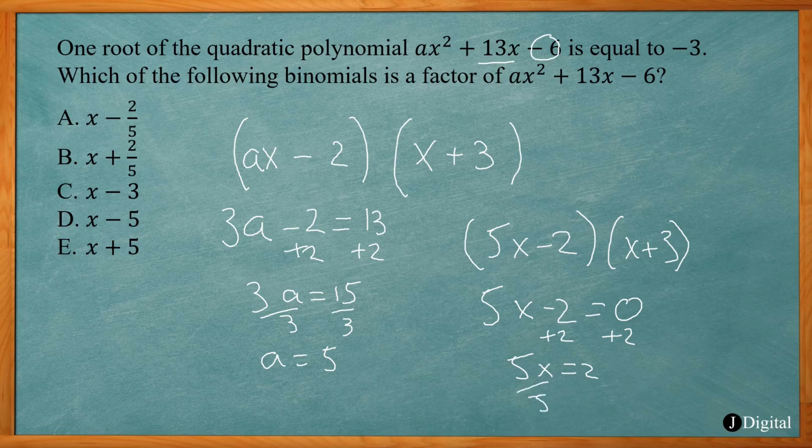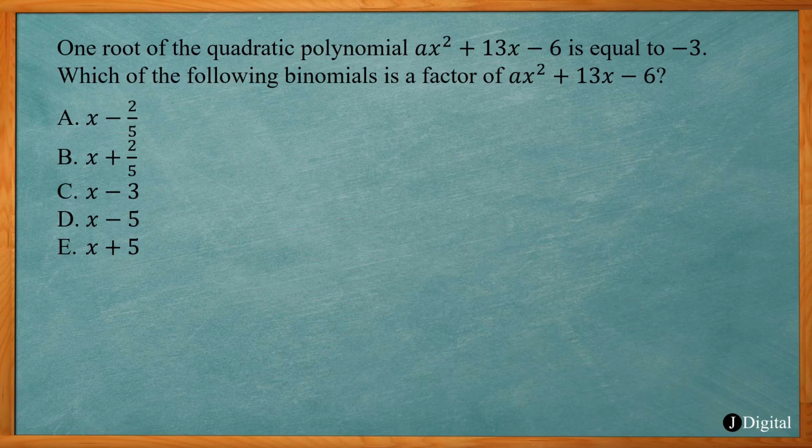And divide both sides by 5. So x equals 2/5. Now if I know one of the roots is 2/5, I can also write that as x minus 2/5. So that'll give me answer choice A.